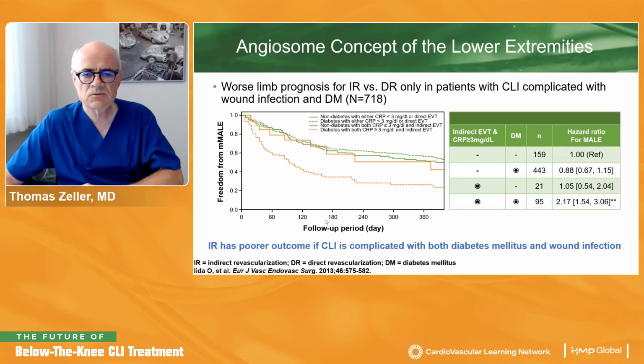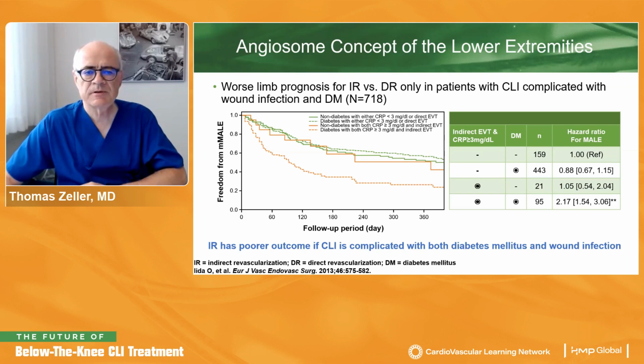and diabetes control. I will close my presentation with 2 additional slides showing that if we follow the angiosome concept, that means that we reopen the vessel which is providing the wound-related foot or wound segment with blood flow.